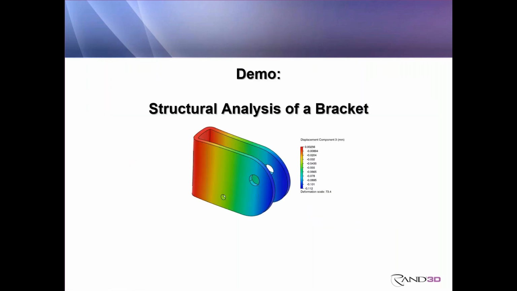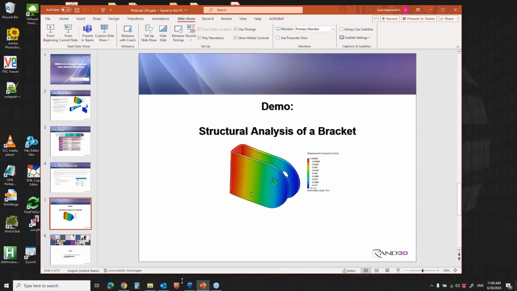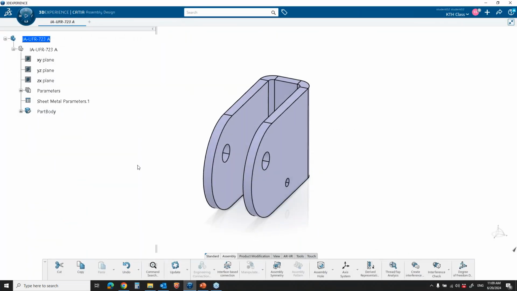Okay, so from here on, we're going to jump into a demo, and I'm going to show you live what exactly you can do with it, how it works, etc. So let me go to my 3D Experience. That's the part I'll be working with. The first step, and it doesn't have to be done in any particular order, but typically what I would do is apply material.